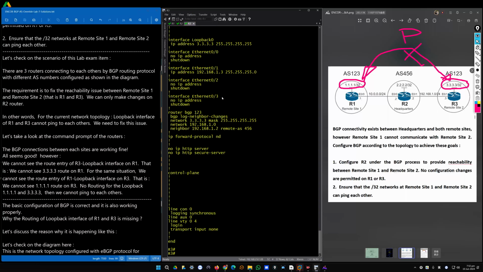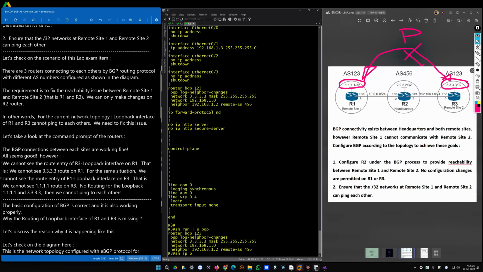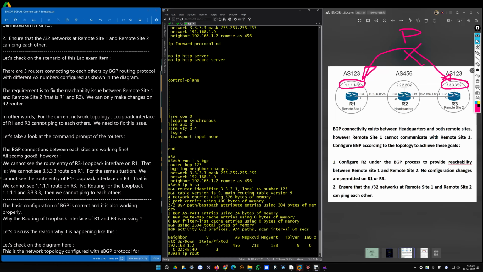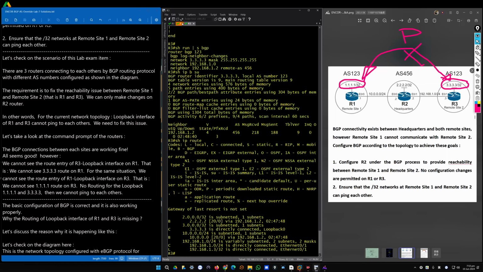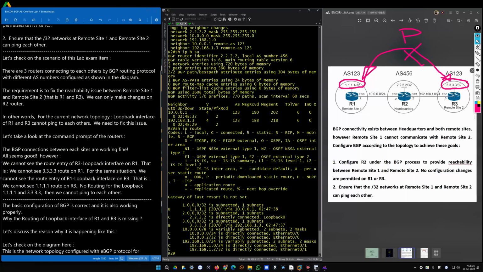This is router 3. We can see that the BGP connections between each site are working fine. All seems good.